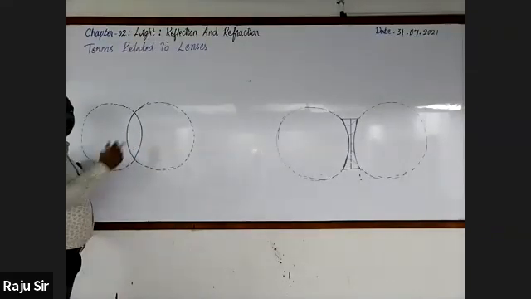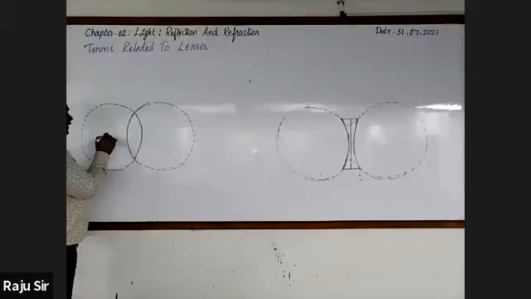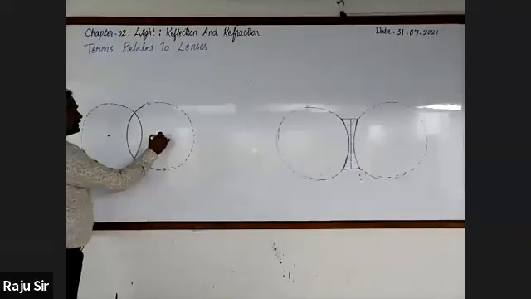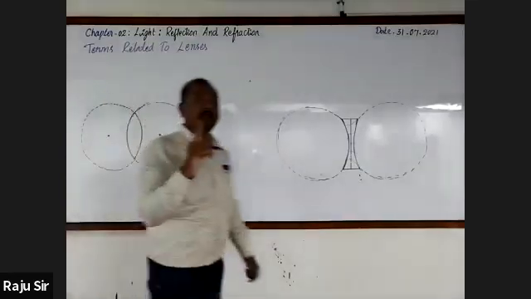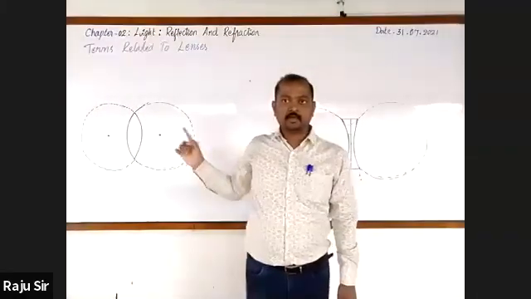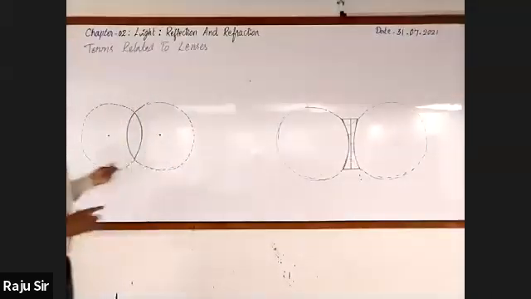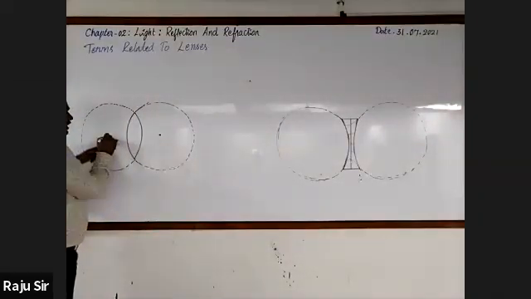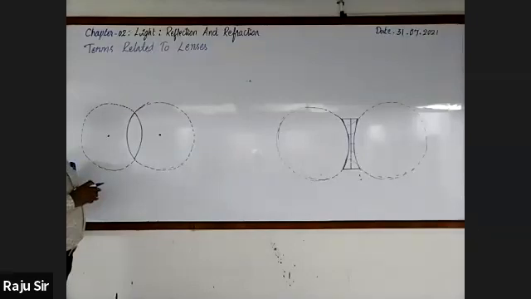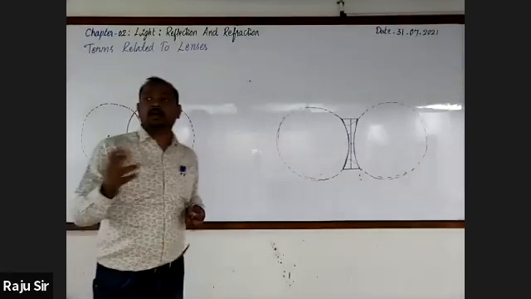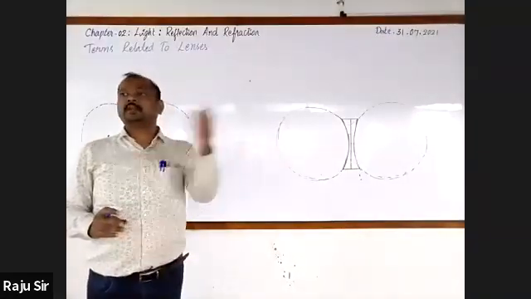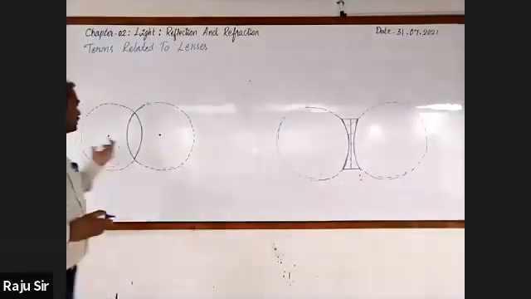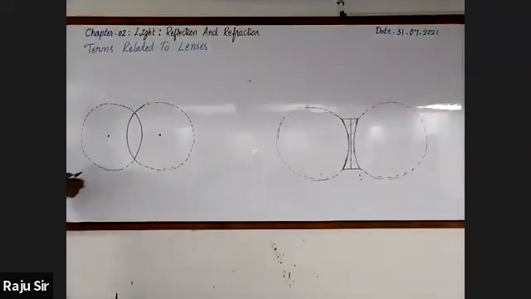If it is formed by two imaginary spheres, then these spheres will have centers, right? There are two centers. In case of a mirror, we have only one center. But here, two imaginary spheres are there, having two centers, and these centers are called centers of curvature of a lens. In case of a mirror we used the word center of curvature, but here we have to use centers of curvature.